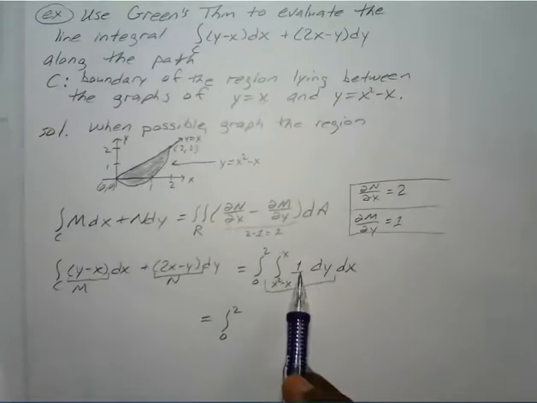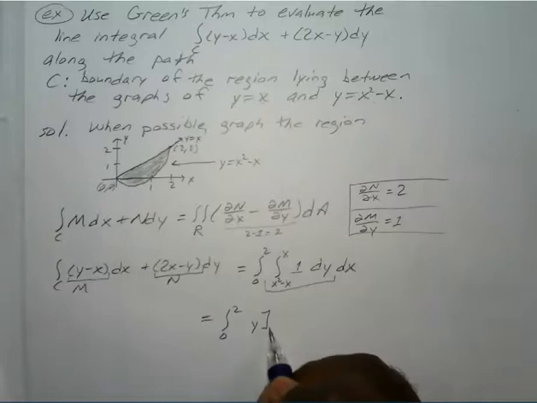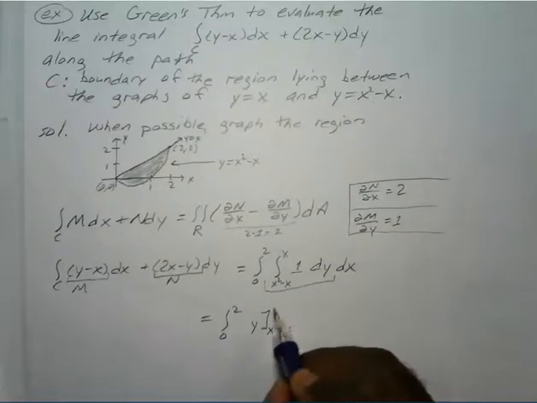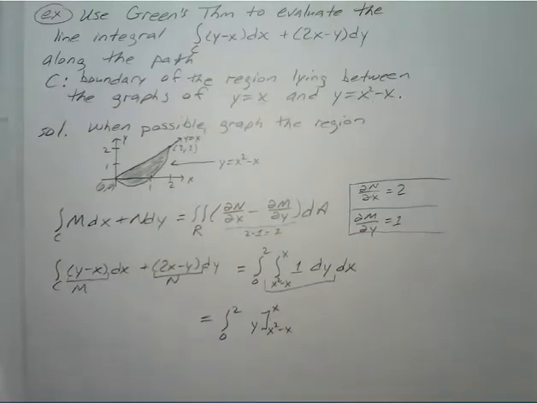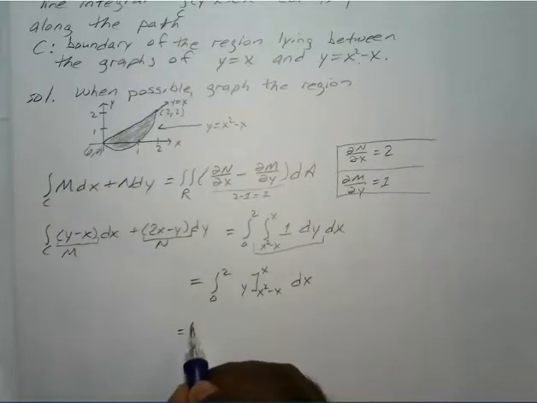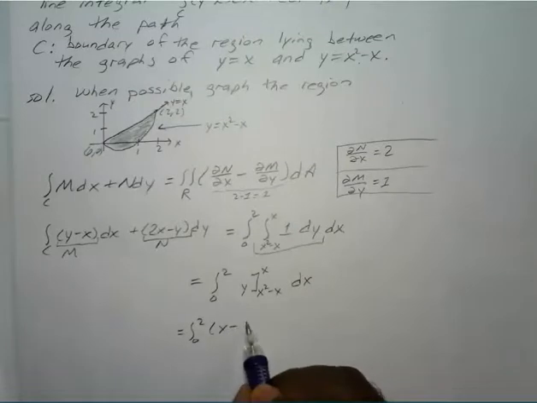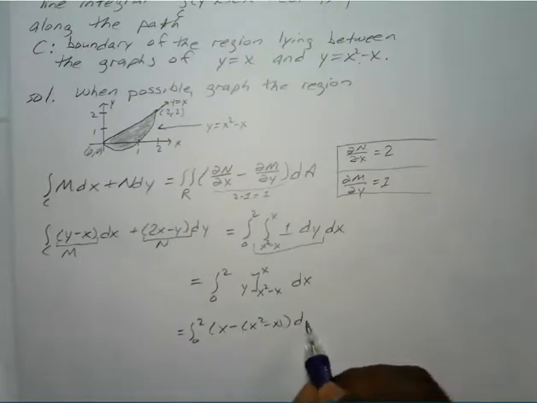The integral of 1 with respect to y is just y, and that's from x squared minus x all the way to x. And don't forget our dx here. If we plug those in, integral from 0 to 2, it's x minus (x squared minus x) dx.